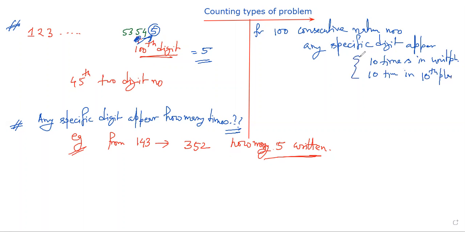So if I am not considering the 100 place, any specific digit will appear 20 times, considering unit and 10th place. Now this concept I need to elaborate.